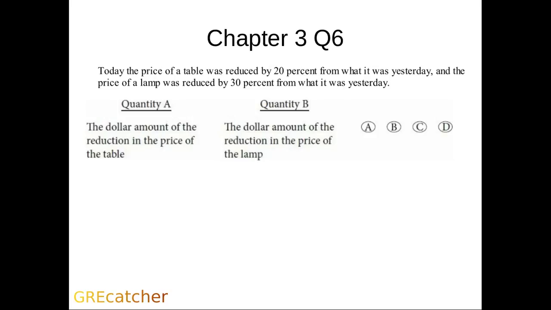Question 6 says today the price of a table was reduced by 20% from what it was yesterday, and the price of the lamp was reduced by 30% from what it was yesterday.